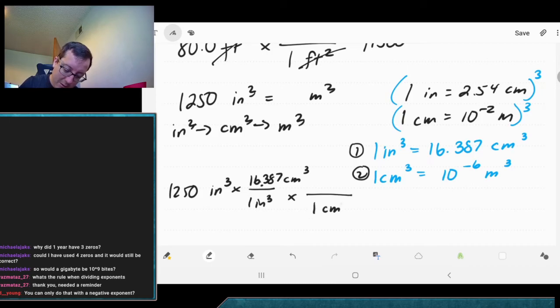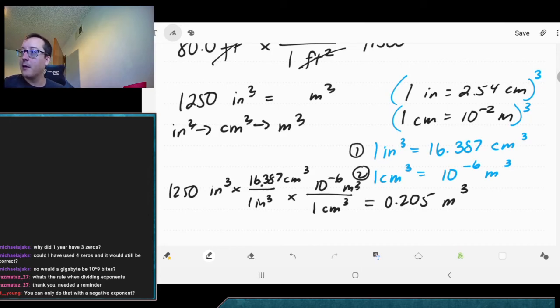Centimeters cubed now goes on the bottom. Do this fun stuff. That number times 1250 times, well, I guess I don't need the times 10 to the 6th. I get 0.205 meters cubed. Oops, that's a cube. And so that's what we would get there. So just cube your conversion factors as necessary.